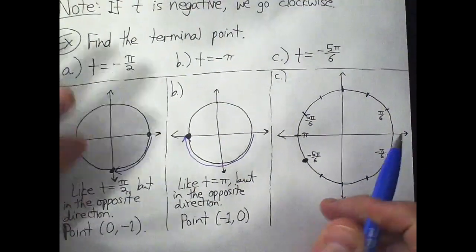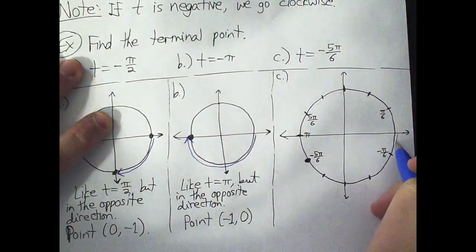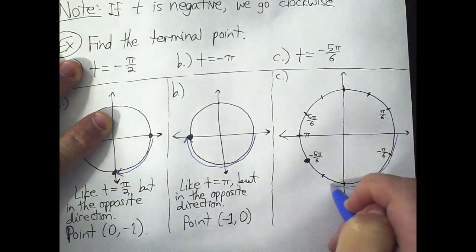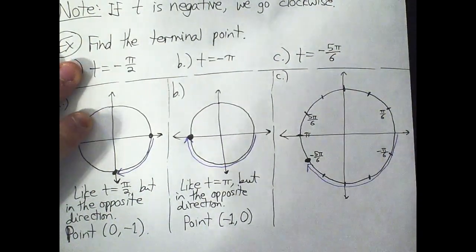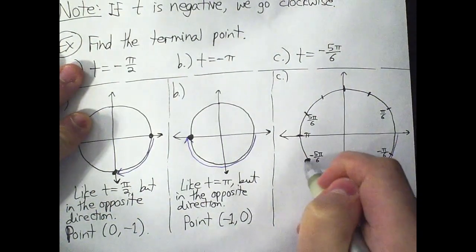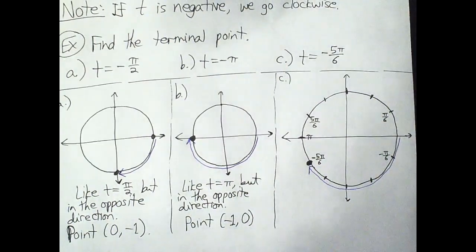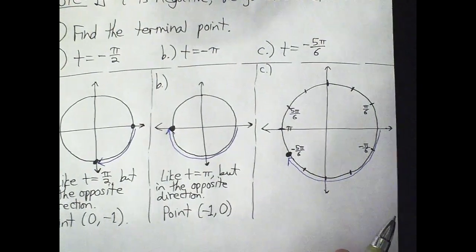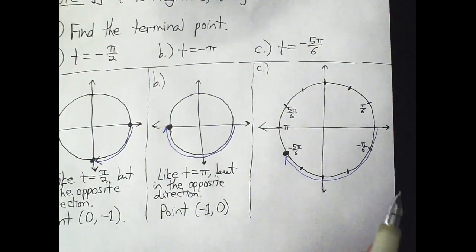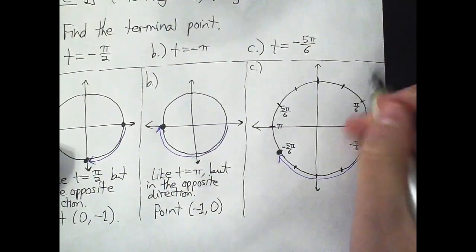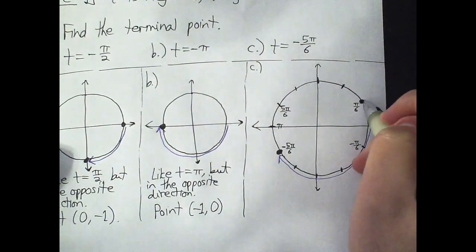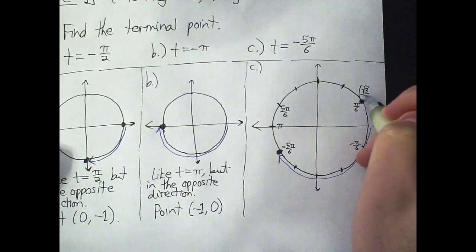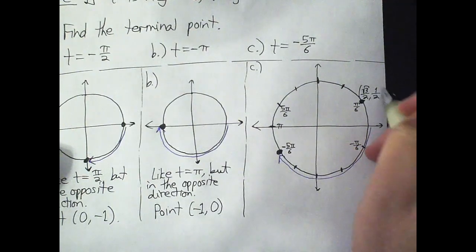We want to go here. And it takes us to something, comma, something. How about this? On the list of common terminal points, we had this point right here indicated as being square root of 3 over 2, comma, 1/2.